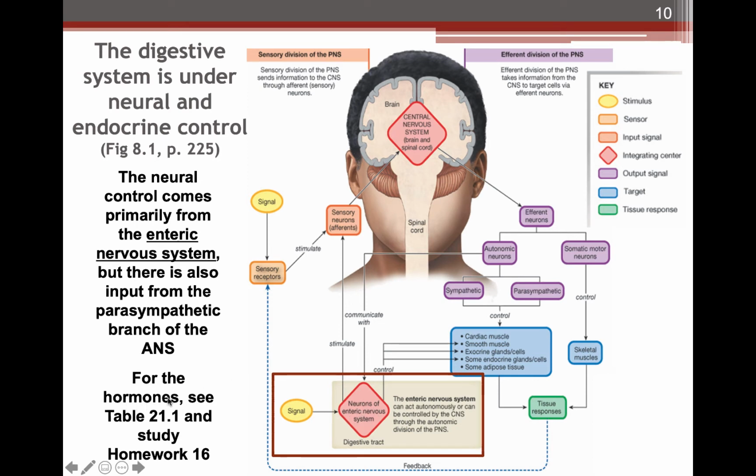And so we'll talk a little bit about the neural control of the digestive system here. Now there's also hormonal influence on digestion as well. There's a table 21.1 that I had you look at for some questions in homework 16. And we're not doing any feedback loops in this unit. I've already said that. So we're not going to get into really strict details about the cells, the stimuli that cause the release of these hormones, the receptors for these hormones, the target cells and all that kind of stuff, because we're not doing feedback loops right now.